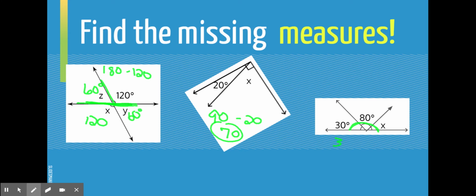So we can do a couple of things. We can say 30 plus 80 is 110, and then we're going to take 180 and subtract the 110, and we get 70. So X has to be 70. There's a couple of ways to find that. You may have done it a different way, but as long as you get 70, then you have done it correctly. Okay, you are all ready to do your practice now.